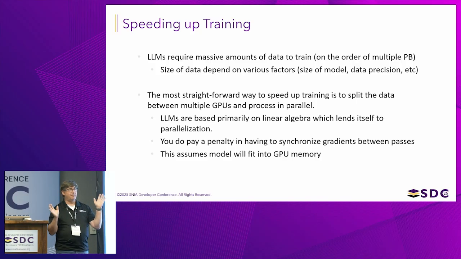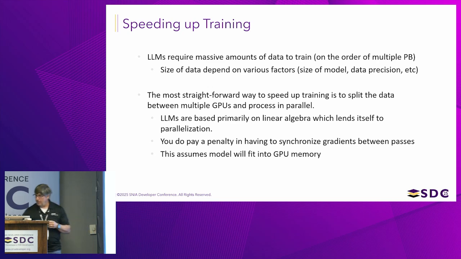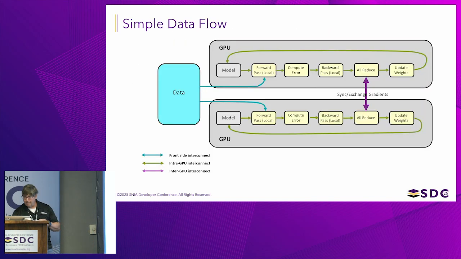All the GPUs have to come to a certain point, complete their part of the operation, and then everybody has to synchronize. If you're in a single memory domain, that's really straightforward. Actually, you don't have to synchronize because everybody has access to everything else. But if you've split the problem between multiple memory domains, then you do have to do this gradient sync between the different domains and then resynchronize, essentially.